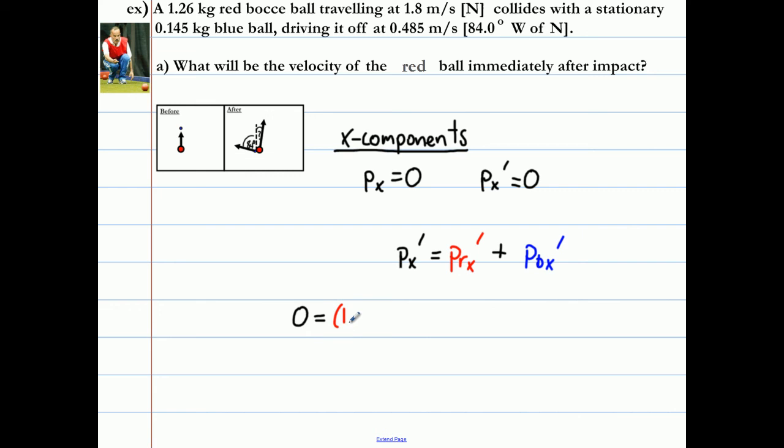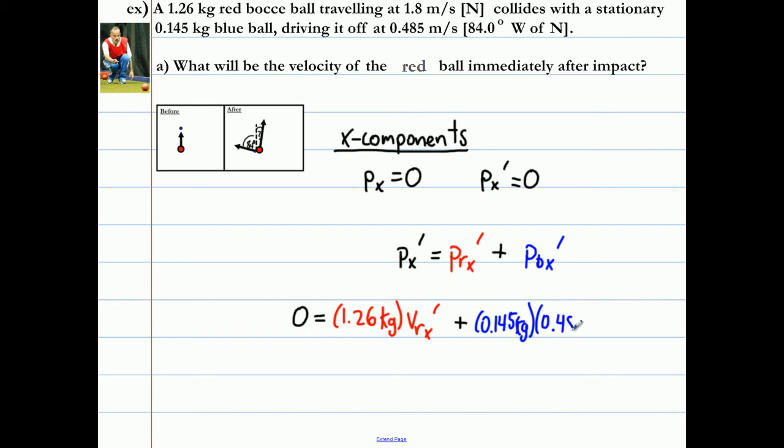So 0 is the final momentum, and we'll just write down the mass of the red ball, multiply that by the speed of the red ball after the collision. And that's what the prime there is for. And we add the mass of the blue ball and multiplied by the, there's a kilogram, multiply it by the speed of the blue ball in the x direction.